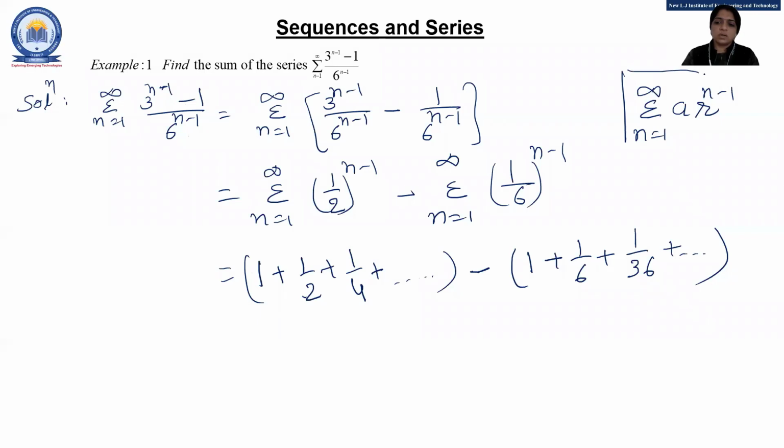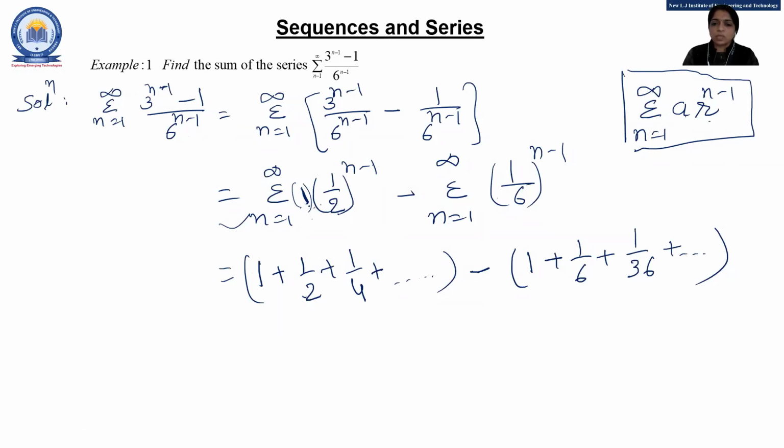This is our generalized form of the geometric series, and we are writing two geometric series differently. By comparing this first step with the generalized series, you can say that a is your first term, that is 1, and your ratio r is 1/2. The power is the same, n minus 1.